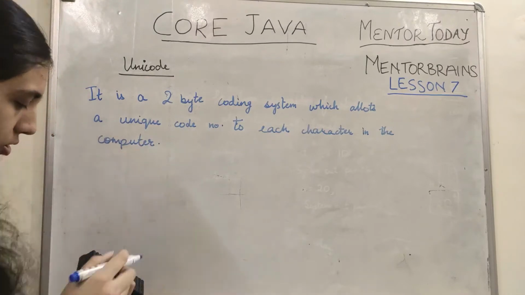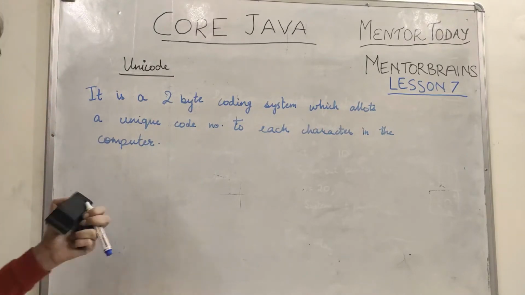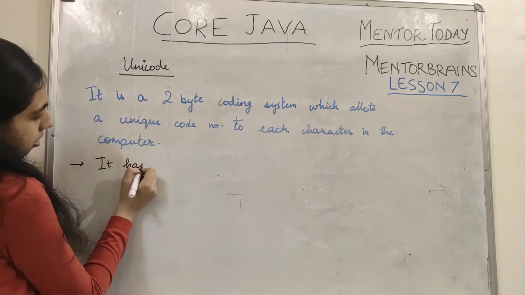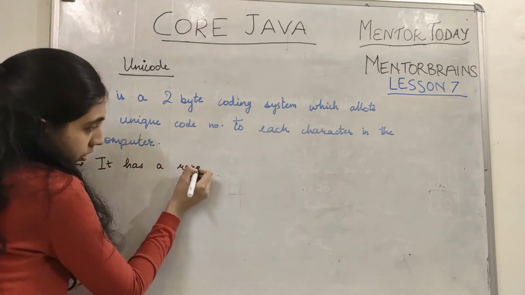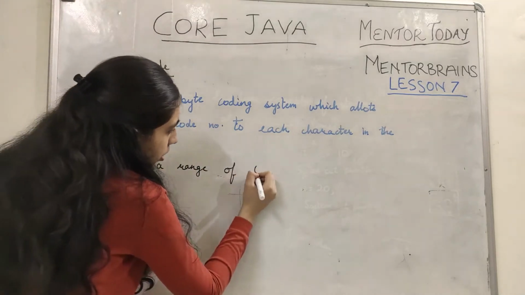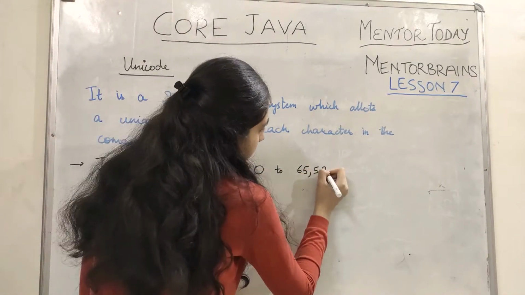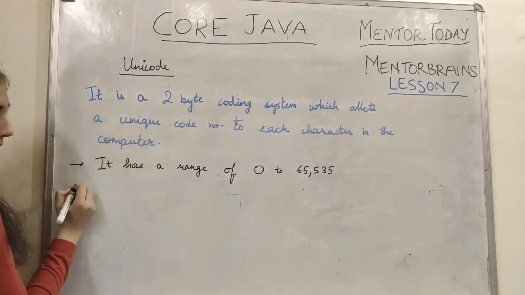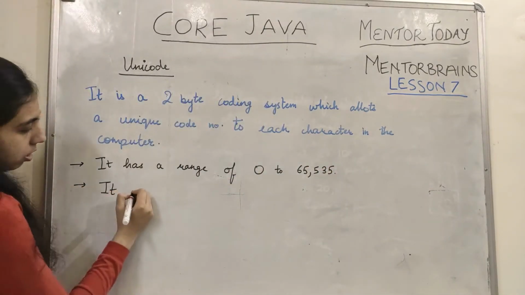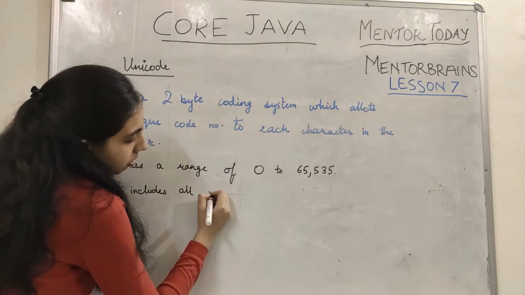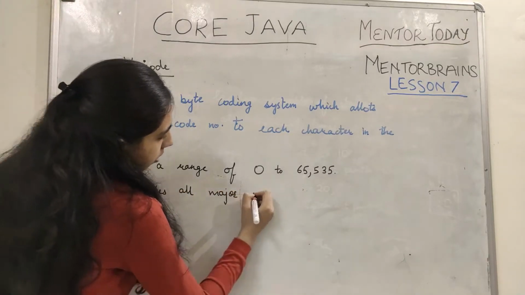Some of its properties are that it has a range of 0 to 65,535, and it includes all major spoken languages.